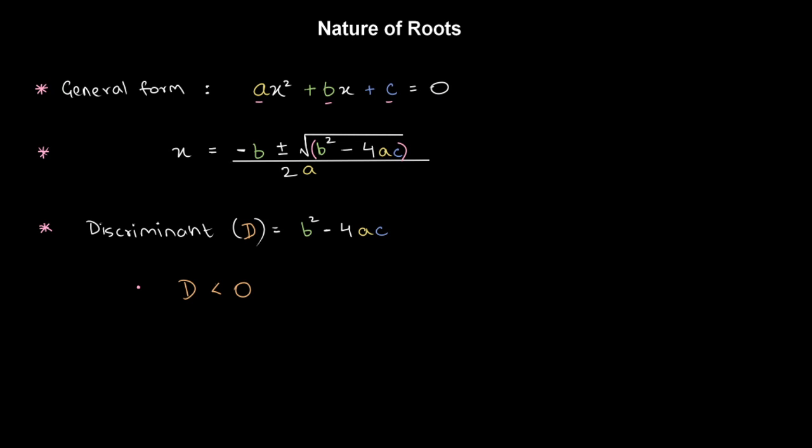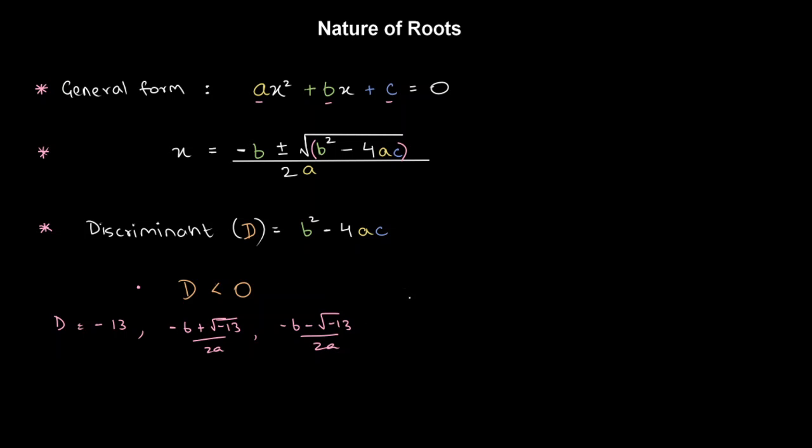The first condition being the value of D being less than 0, or I could say the value of the discriminant being negative. So say, for example, the value of D being minus 13. What that means is the value of D is negative. My roots now are in the format of something like minus b plus root minus 13 upon 2a, and the other root is minus b minus root minus 13 upon 2a.